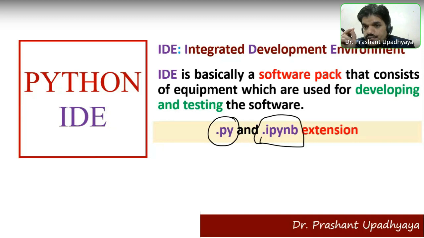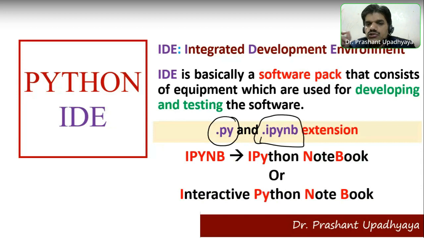Generally it stands for interactive Python notebook. If you have done some programming in Anaconda Jupyter notebooks, when you save the file you get the .ipynb format. This ipynb format stands for the IPython notebook, and IPython stands for interactive Python notebook. So these are the two extensions you will see.